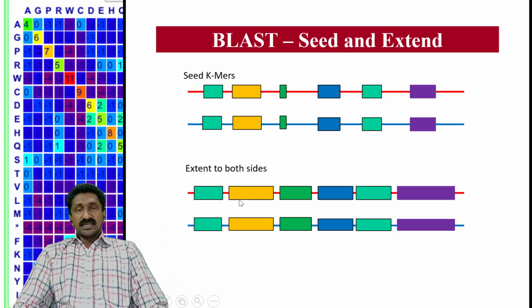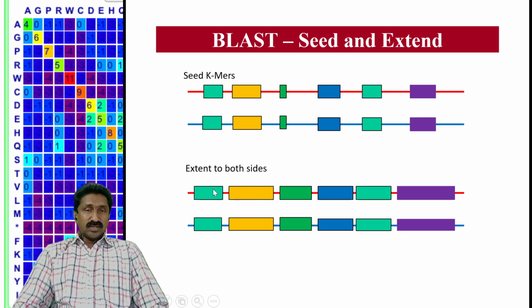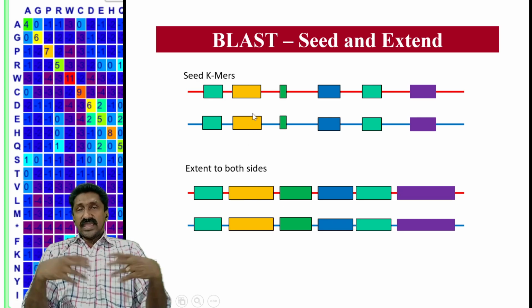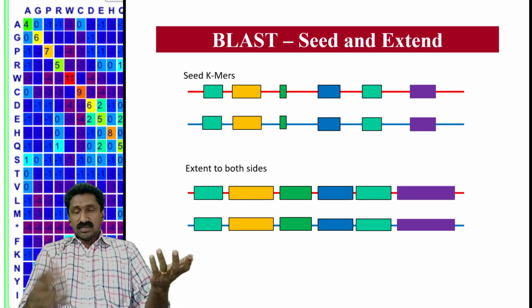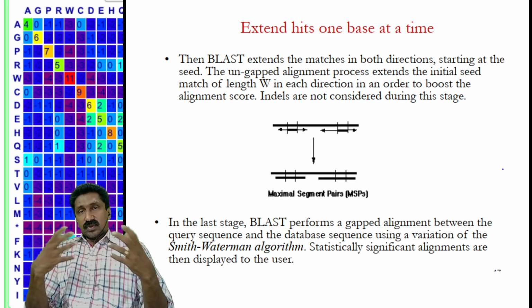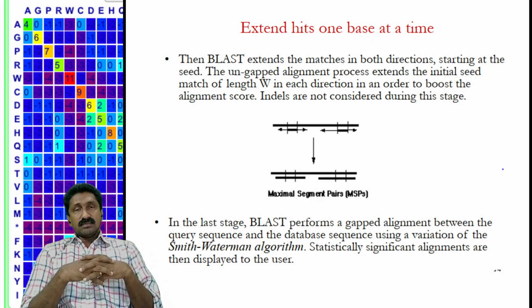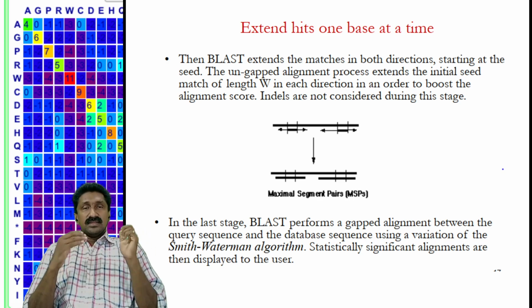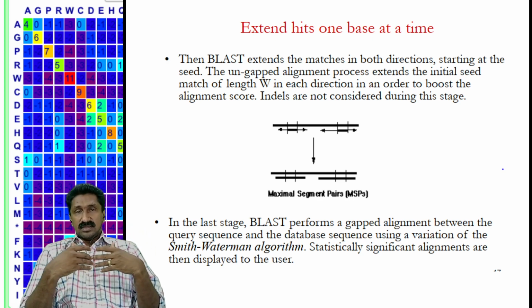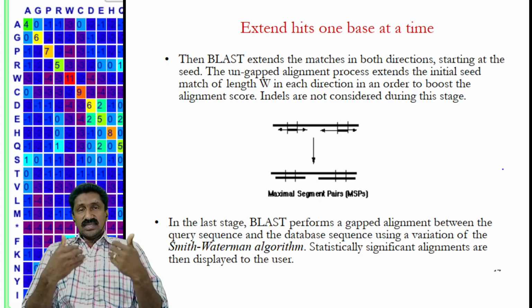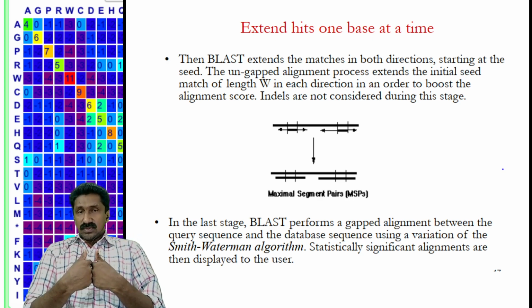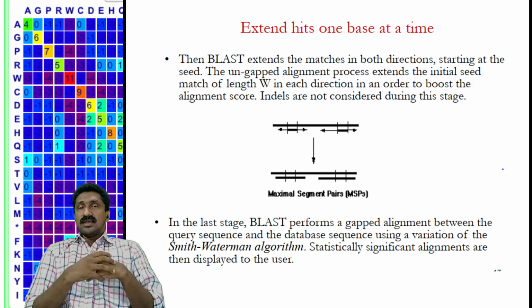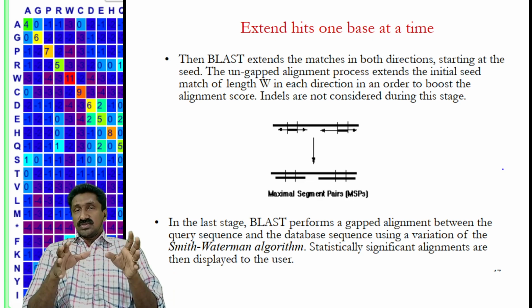And if two words are joined together, then that will be joined as a cluster. So seed, extend, and join the highly similar words. This process will continue, and BLAST extends matches in both directions, starting at the seed. Then the ungapped alignment process extends the initial seed match of length W in each direction in order to boost the alignment scores.